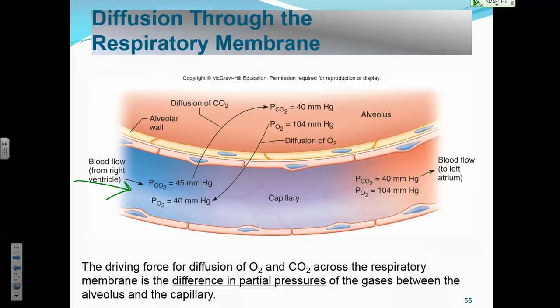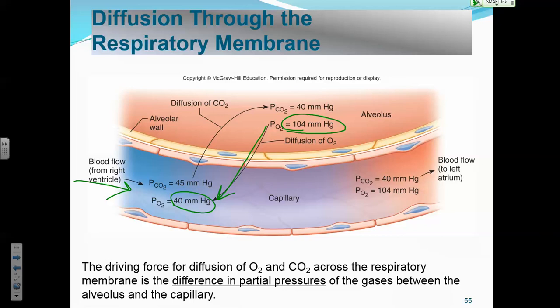Look at the partial pressure of oxygen. See how it's in the incoming blood at the lungs is 40 millimeters of mercury, yet the partial pressure of oxygen in the alveolus is 104 millimeters of mercury. And so because 104 is bigger than 40, that's the reason that oxygen moves in and no other reason.